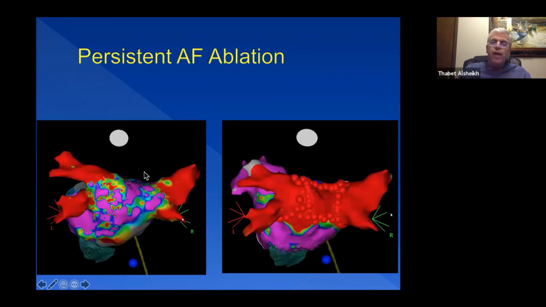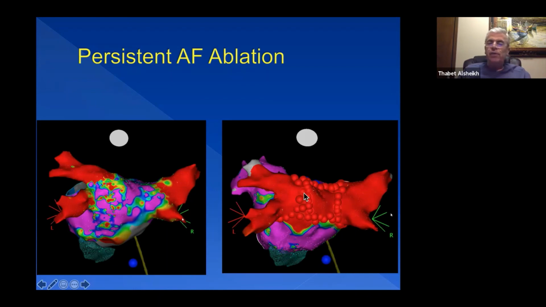Another case of atrial fibrillation ablation. This was the voltage map in a patient with persistent atrial fibrillation, no prior ablation. It just shows you that most of the pulmonary veins are basically silent, and we have areas of scar already. The atrium is dilated and remodeled, with a lot of fibrosis. Nonetheless, this was the first voltage map before the ablation.